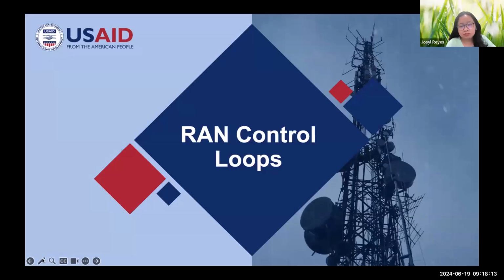The next parts of the lecture are shorter compared to the other one, so of course we won't exceed our 2-hour limit. I hope you followed the earlier discussion about the functional split. In a nutshell, when I say functional split, it's just how we separate the different RAN protocols into three parts: the RU, DU, and CU.